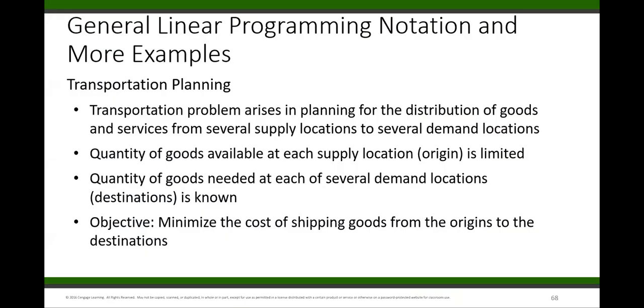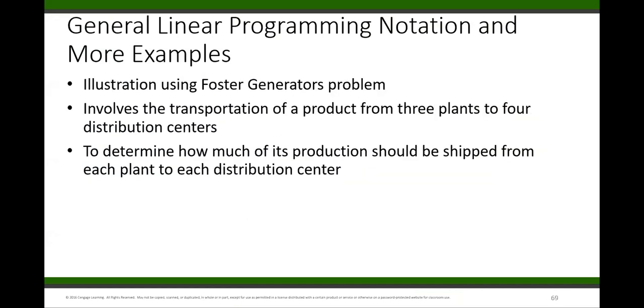Now let me get to a very specific example, and we're going to solve it in Excel as well. So our objective in the example that we just talked about is to minimize the cost of shipping goods from the origins to destinations, from the sellers to the buyers, to the customers. The specific example that we're going to talk about is the Foster Generators problem.